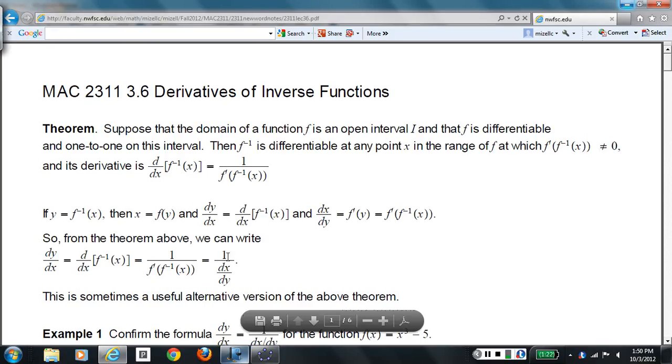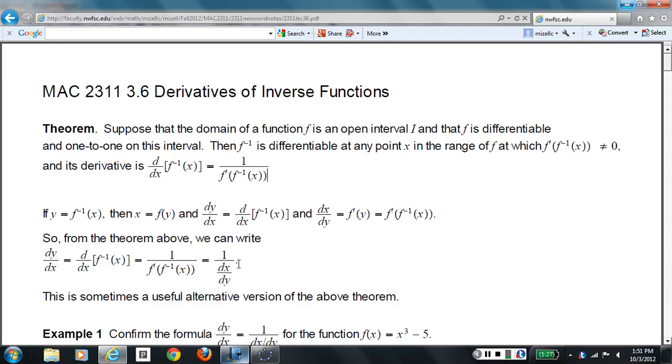dy/dx can actually be written as 1 over dx/dy. We're still not officially thinking of dy/dx as a fraction or dx/dy as a fraction, but if we write an expression for dy/dx, possibly in terms of both x and y, and then maybe redo the problem and differentiate with respect to y, and write an expression for dx/dy, possibly in terms of x and y, it turns out that one is in fact the reciprocal of the other.